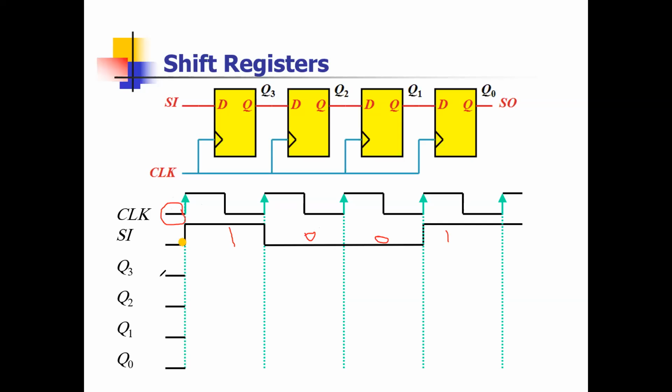So initial value is 0 means it will start from here 0. And 0 again. Again, this is 0 and 1, so again 0. Then 1, then 1 and 0, then 1, 0, 0.